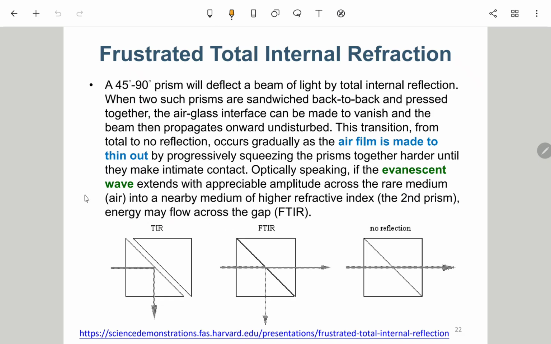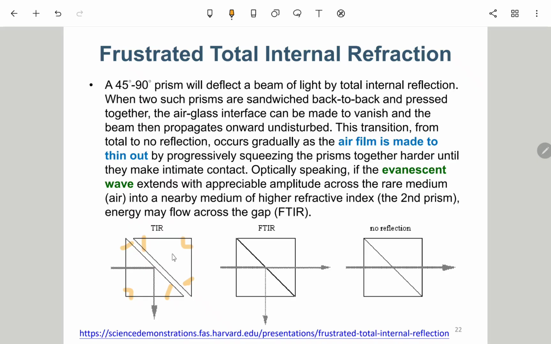It has more description. But the idea here is, if we have two prisms with 45, 90 degrees, so this is 90 degrees, 45, 45, a right angle triangle. The idea here is these two prisms are placed separately.